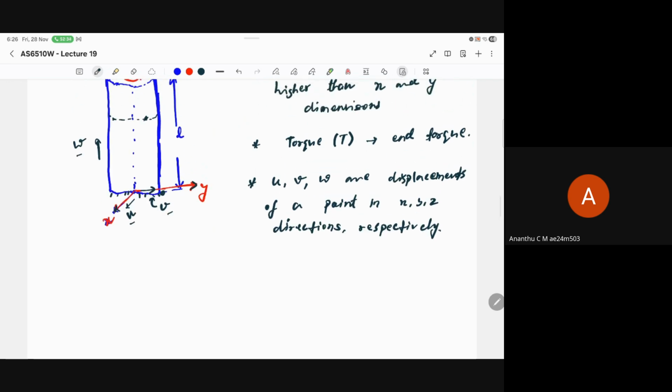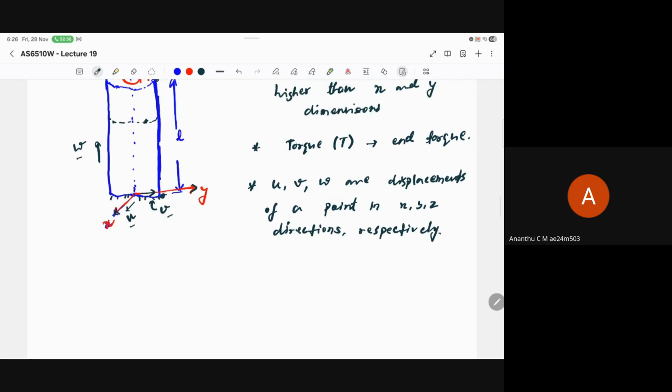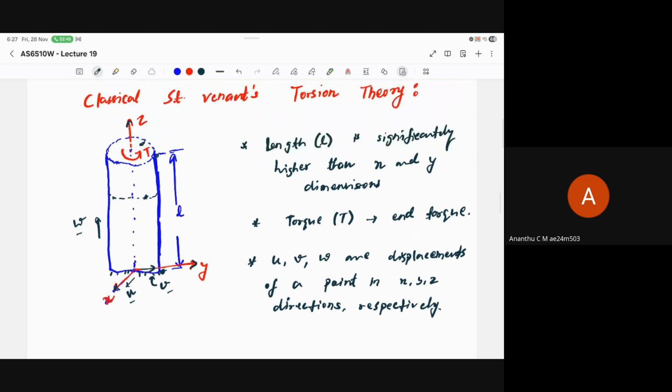We are considering w displacement because any shaft of non-circular cross section is going to have displacement w in the z direction, or the direction of the axis of the shaft. If you apply the torque to a circular cross section, that w displacement is not there.